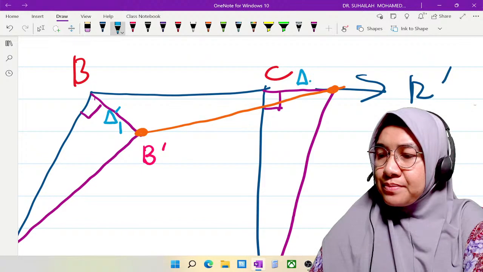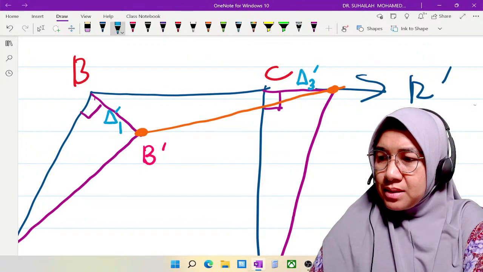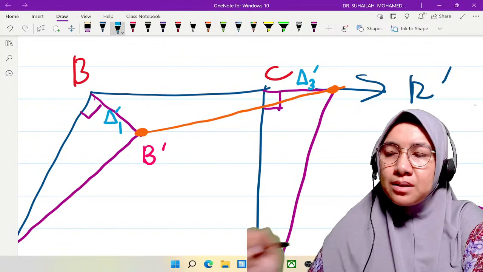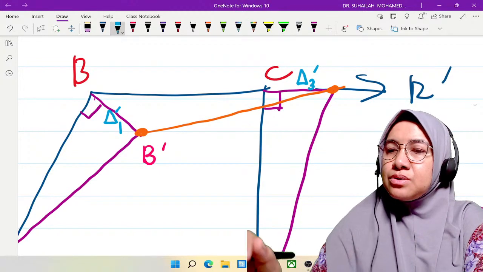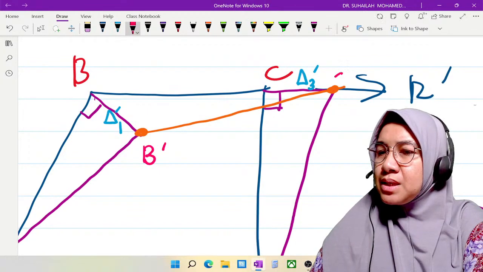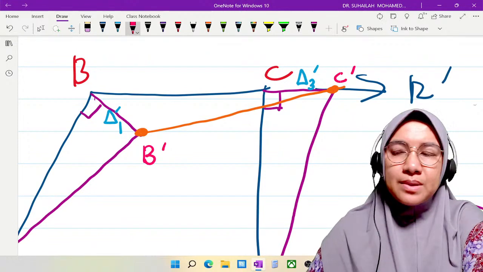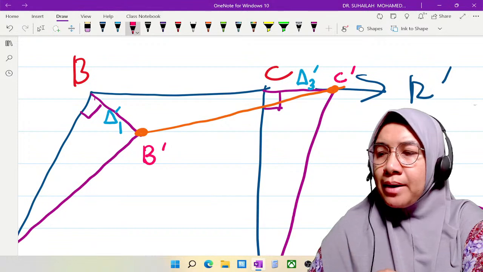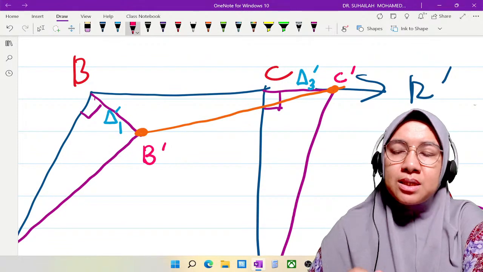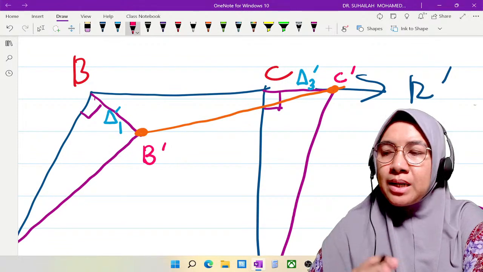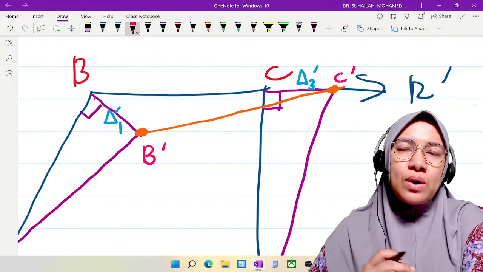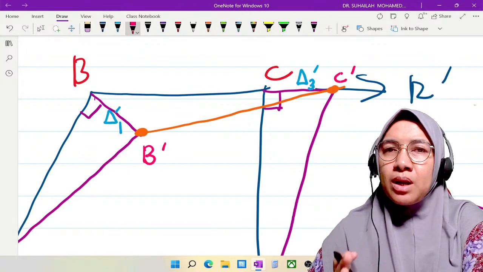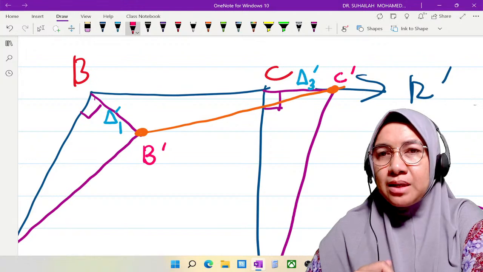So this is the delta, delta 3, and this is C prime. So we have delta 1 and delta 3, which belong to column AB and column CD respectively.